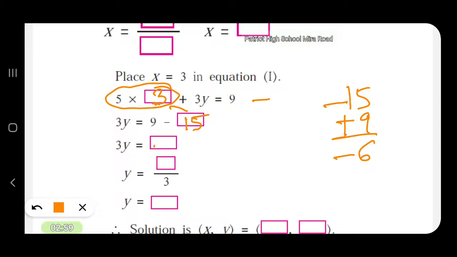So we write over here minus 6. 9 minus 15 is minus 6. Therefore y is equal to minus 6 upon 3. Therefore y is equal to minus 2. 3 2s are 6. So it is minus 2. Therefore the solution of x and y is 3 and minus 2.